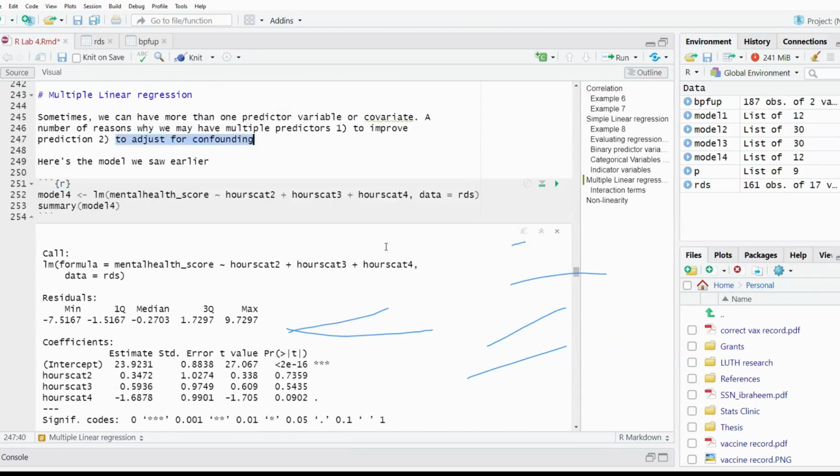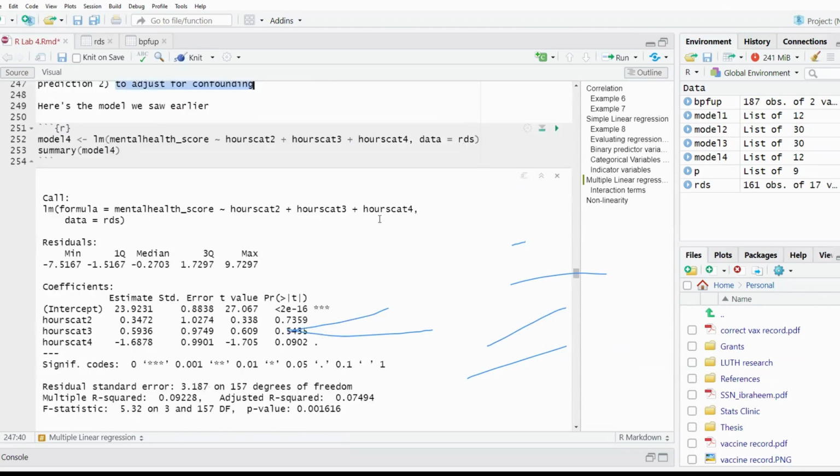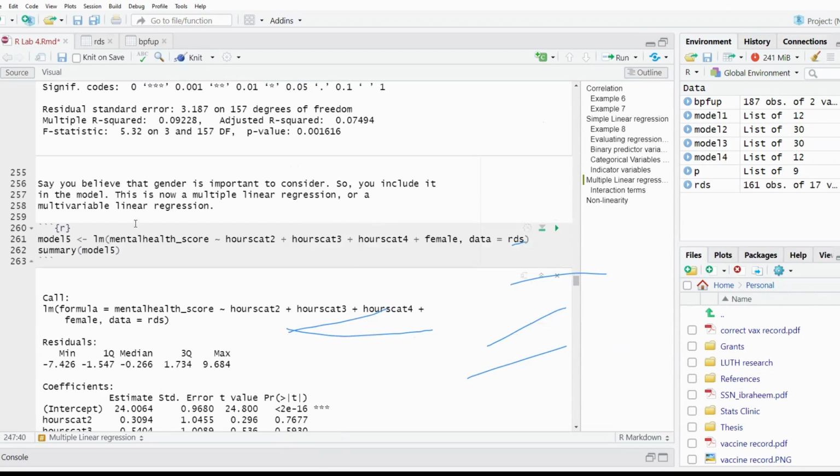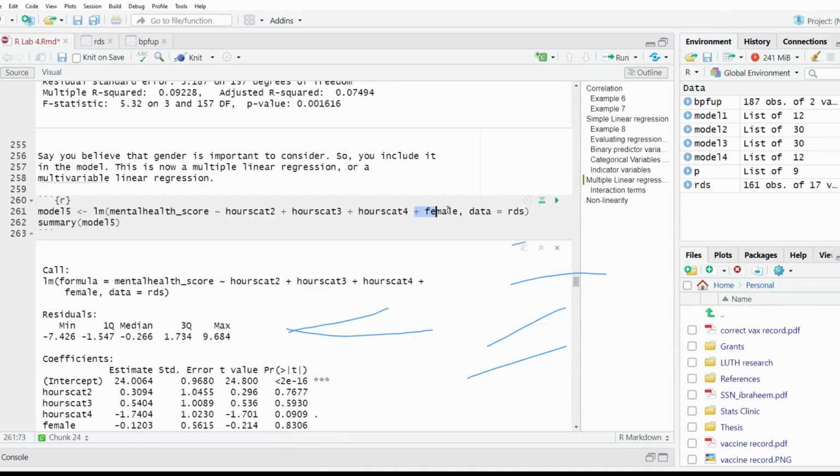So this is the same model we just saw. But somebody might say, what if we adjust for gender? Maybe the relationship that we saw earlier is because females work many more hours than males, or maybe females work fewer hours than males.